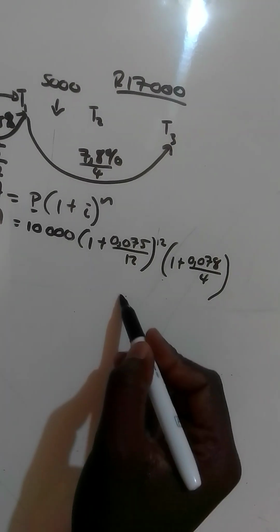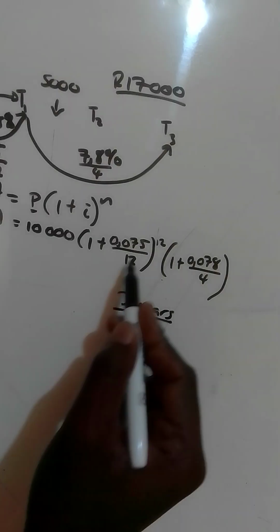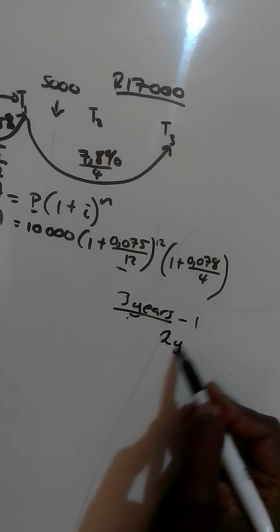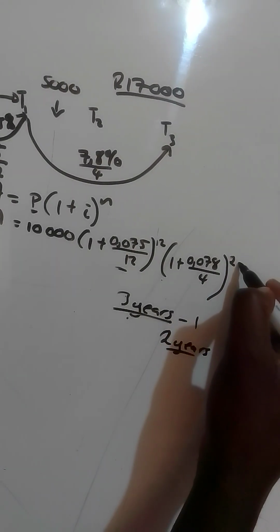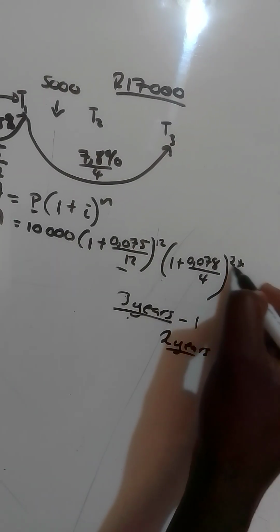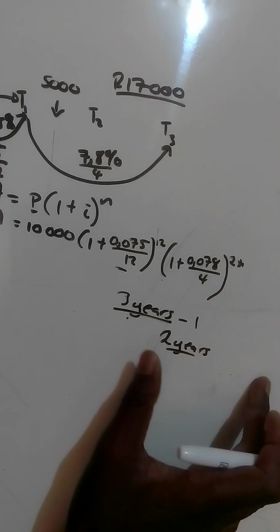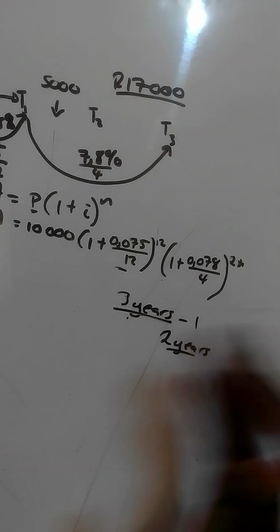It's 2 years. Remember, we're told that we are investigating 3 years, and the first year is already done, so we say minus 1, which means we have 2 years remaining. So we come here and say 2, but we multiply these 2 years by the quarterly, because for the next 2 years there are 4 quarters in which it will compound.